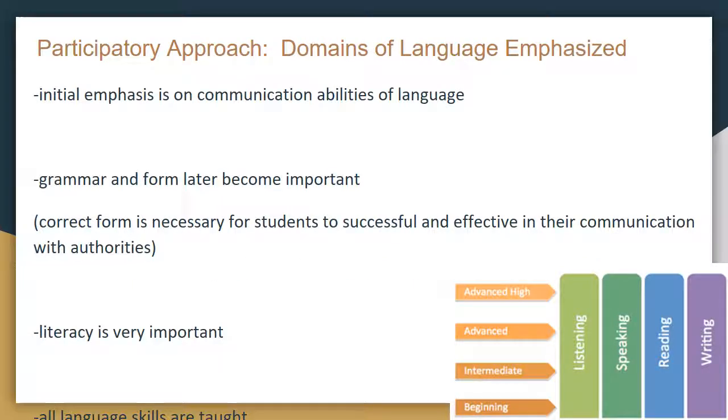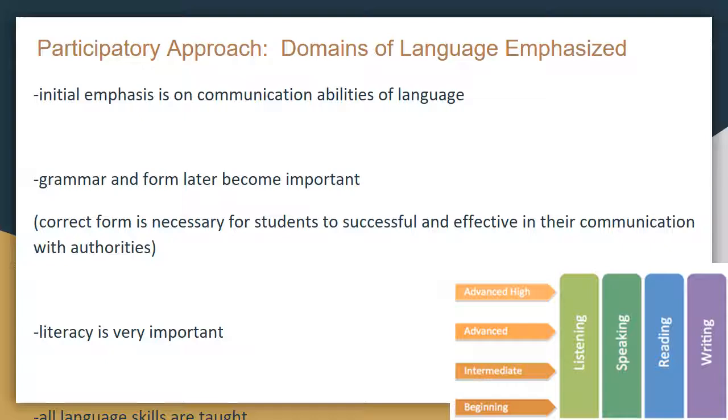The domains of language emphasized in the participatory approach are first the domain of communication abilities, so listening, speaking, and writing. Those are the initial domains, especially listening and speaking, because that's how the students refine their voice and their political voice to express their opinion.